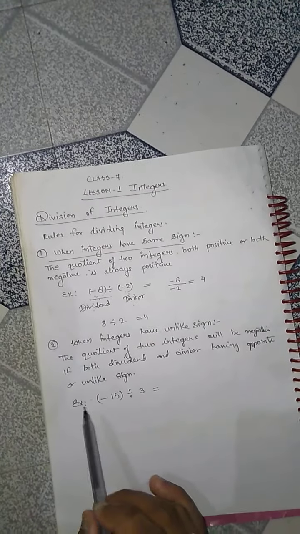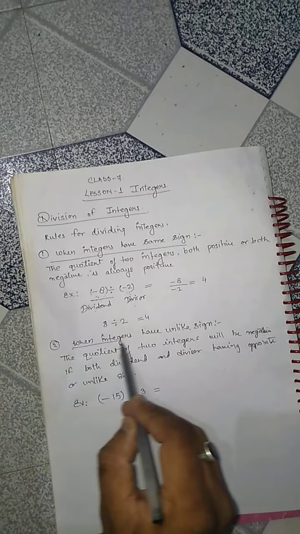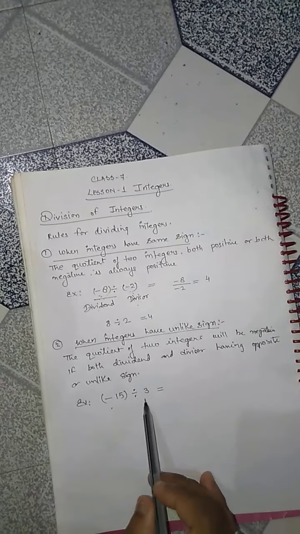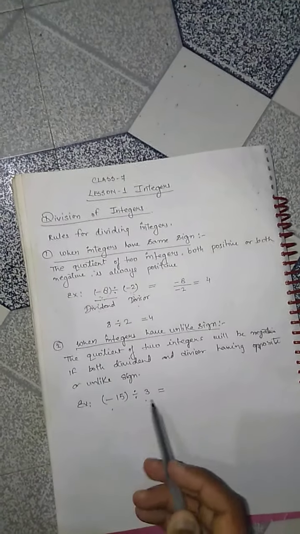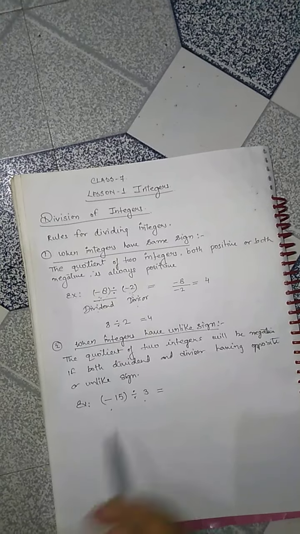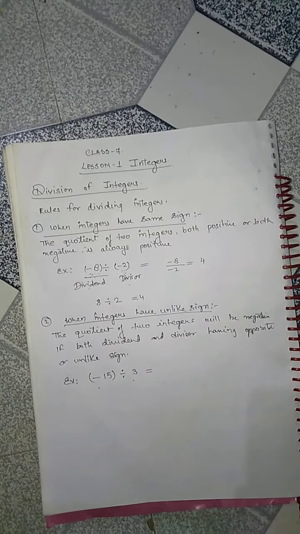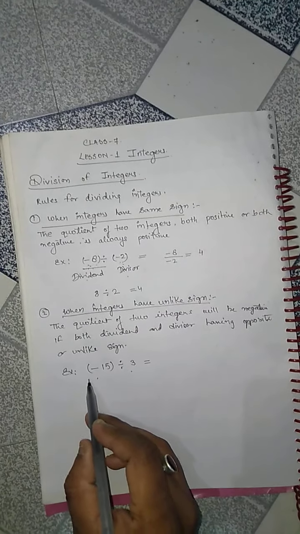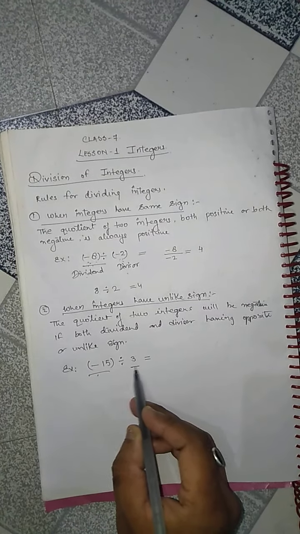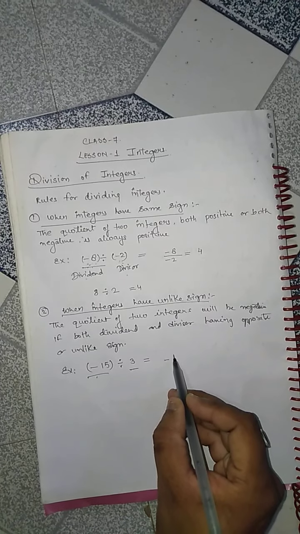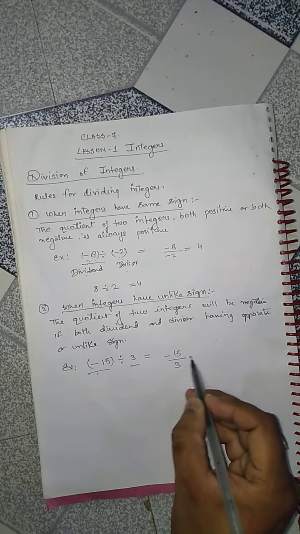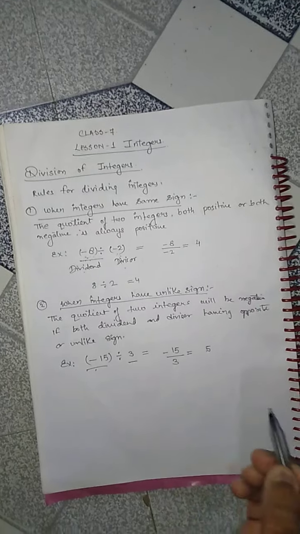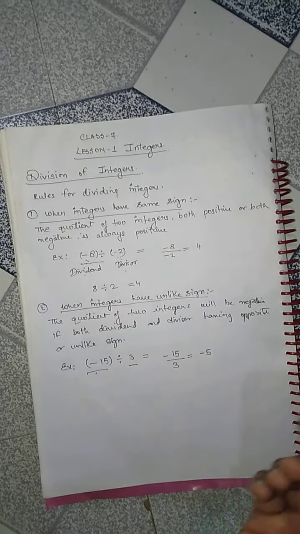So the second rule is, if both integers have opposite signs, means one is negative and the other is positive, then your quotient will always be negative. Here the dividend is negative and the divisor is positive, so whatever quotient comes is negative.